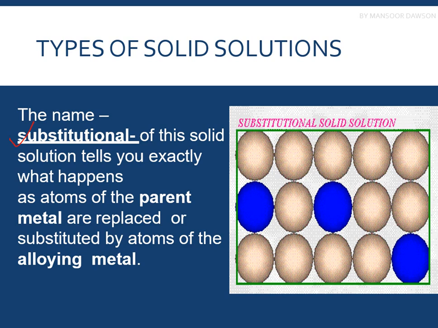The host atoms are replaced by atoms of the same size or similar properties, forming a substitutional solid solution. The host atom is replaced by an impurity atom. This is usually observed in alloying.